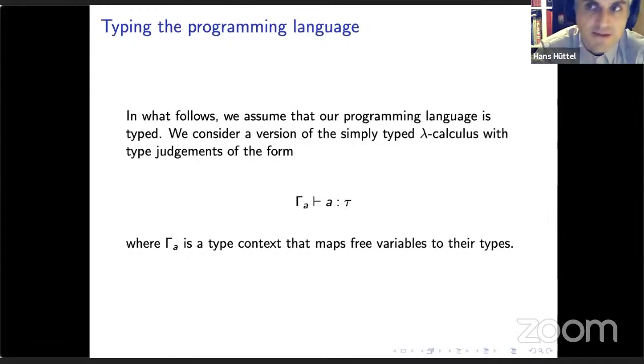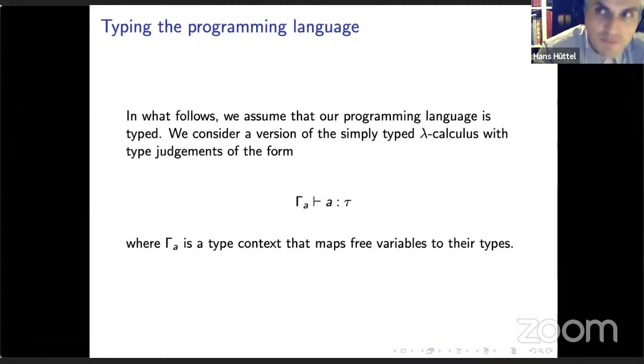We'll build a type system with the nice property that well-typed configurations cannot go wrong. So how do we set up such a safe type system? Well, in the following, we assume that the programming language is also typed, and we consider a simply typed lambda calculus, where type judgments are of the form: given some type context gamma, A has type tau.